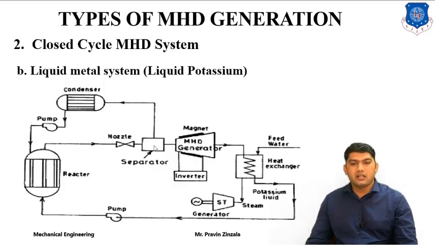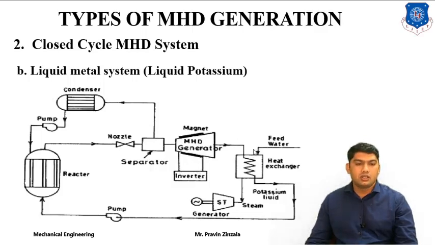Here a separator is also required. The separator will separate it and it will be supplied to the condenser. After the condenser it will go to the reactor. And the ionized liquid will be passed to the MHD generator, and it will generate electricity in DC, and we can also convert it into AC.